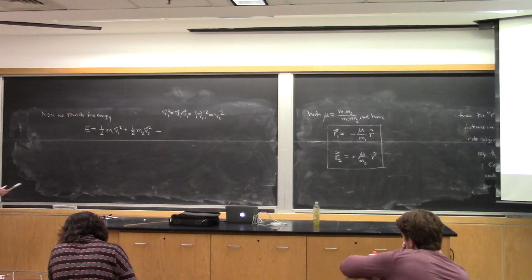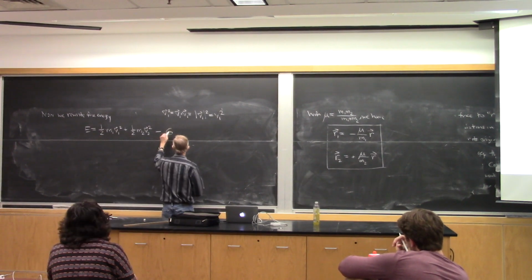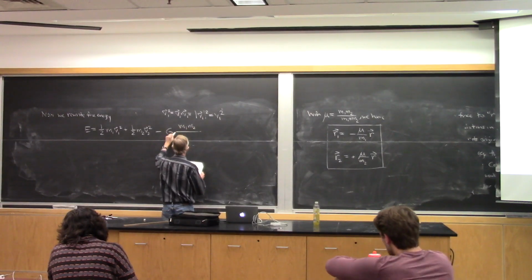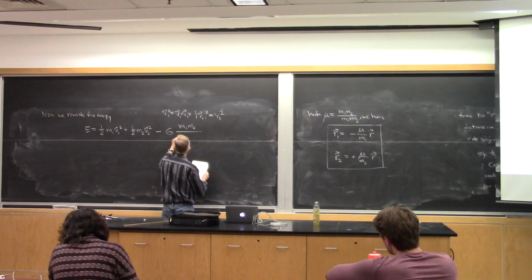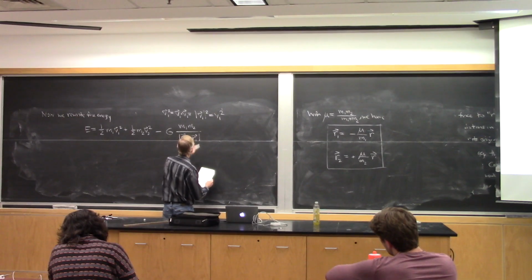When I say v1 squared, I really mean v dot itself. Plus 1/2 m2 v2 squared minus g times m1 m2 over the distance between them, but the distance between them is the magnitude of the vector r2 minus r1.